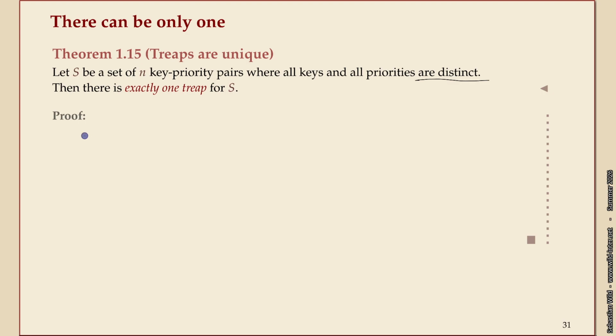Basically, the existence is the algorithm from above. This always builds some valid tree, and that is one possible treap.